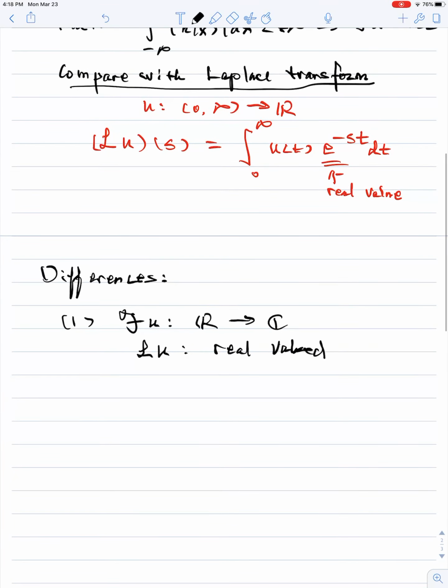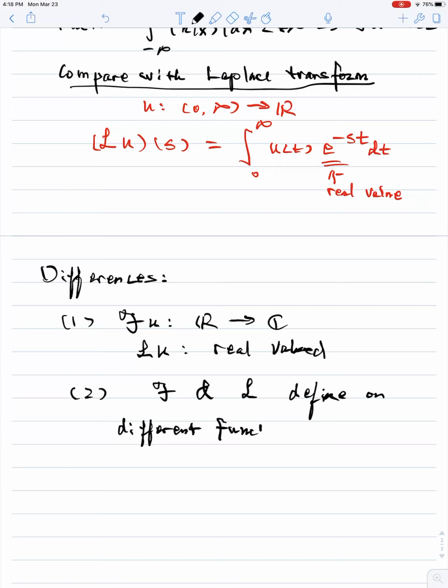Another difference is that the Fourier transform and the Laplace transform are defined on different function spaces.